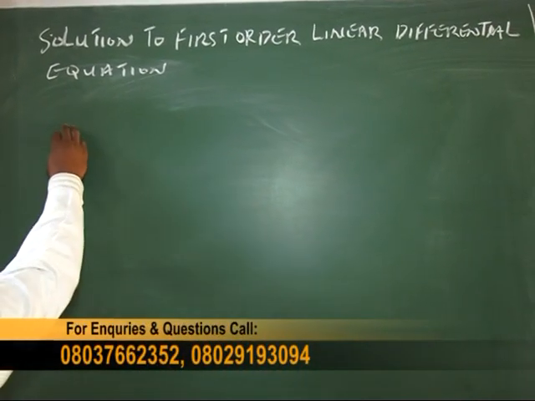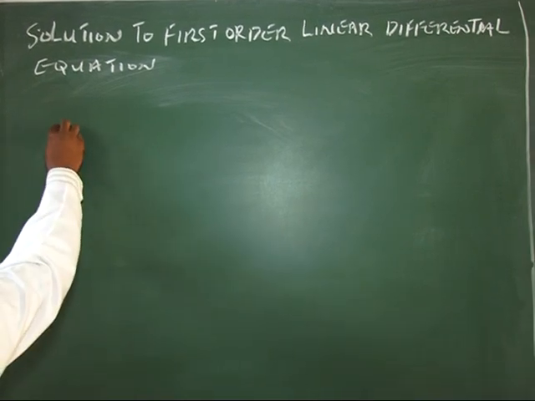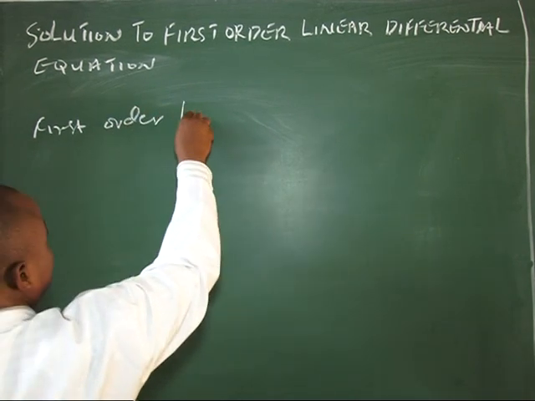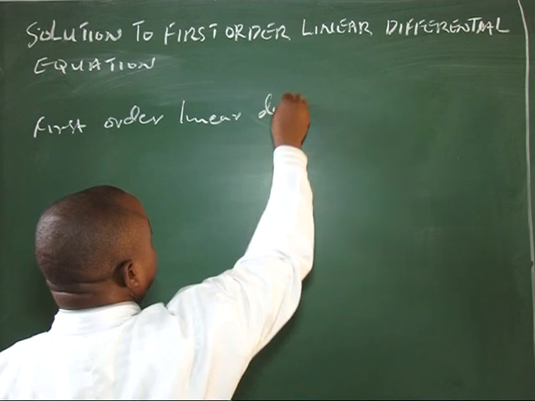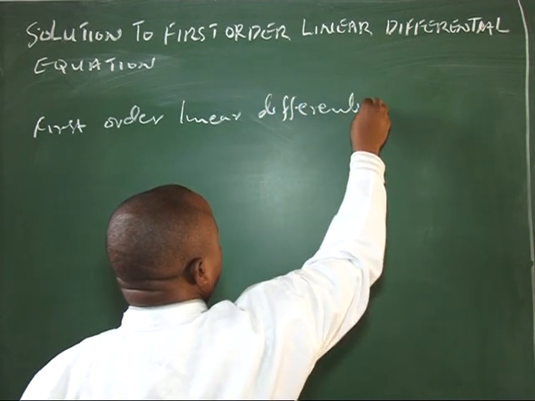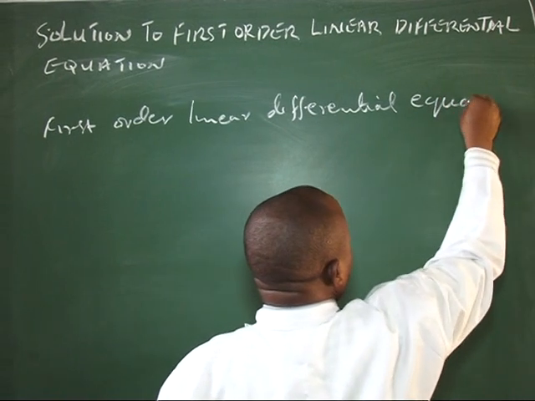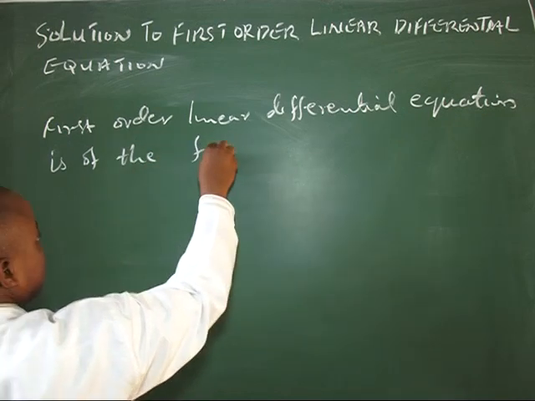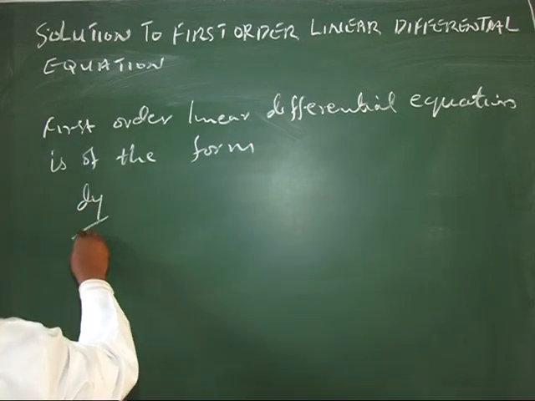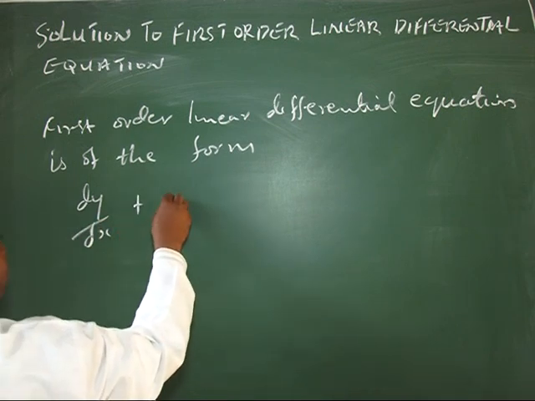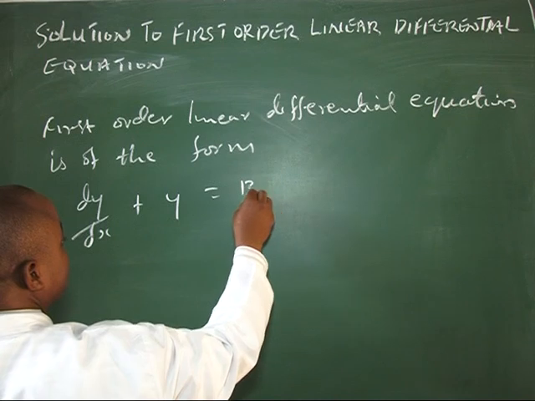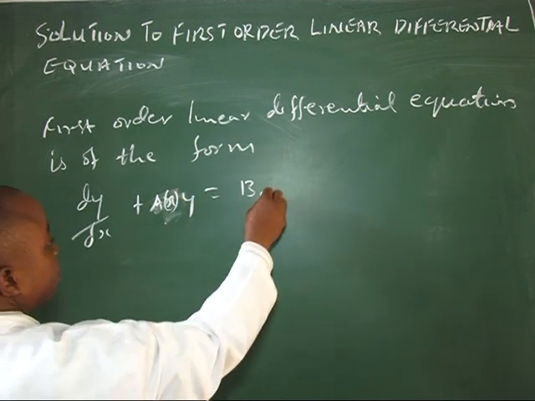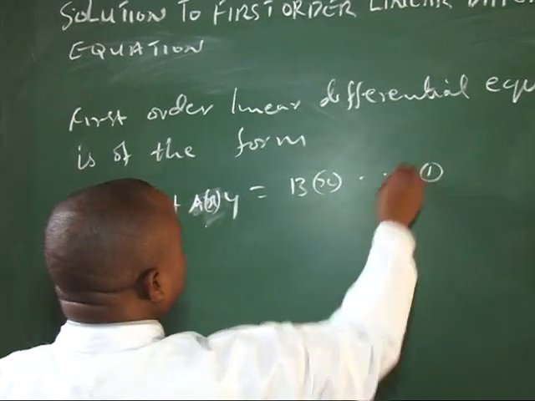Now, we know that first order linear differential equation is of the form dy/dx plus a of x times y is equal to b of x. This is equation 1.